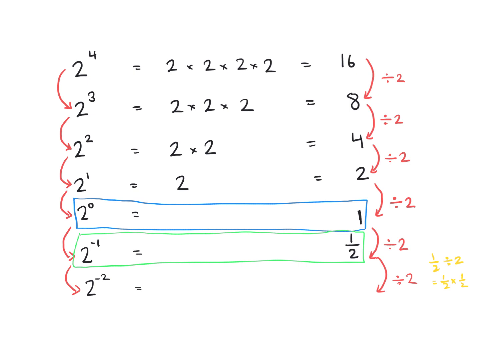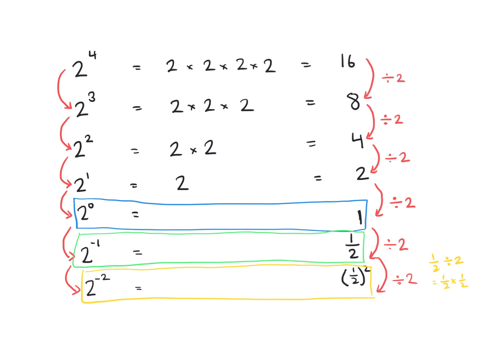So now we get 1/2 times 1/2, which is actually 1/2 squared. So the answer is 1/2 squared. What I'm trying to say is that 2 to the exponent of negative 2 should actually equal 1/2 squared. Half times a half. So that, in general, is what's going to happen with negative exponents.